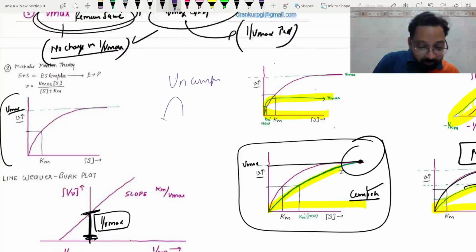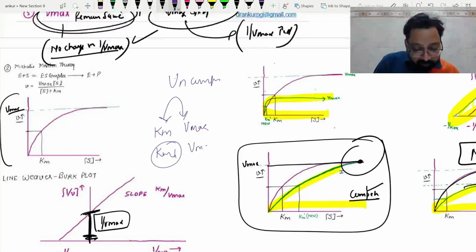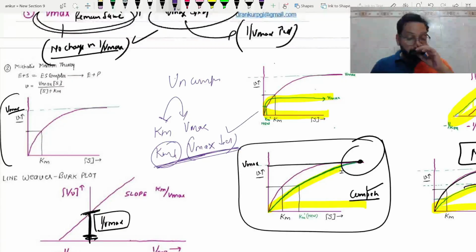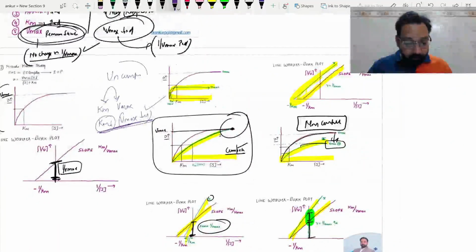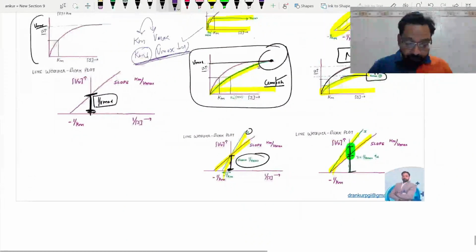Uncompetitive: I invert U and I write Km and V max. So Km decreases, V max decreases. So Km and V max both are decreased. That is uncompetitive inhibition. Okay, so this graph has been asked.